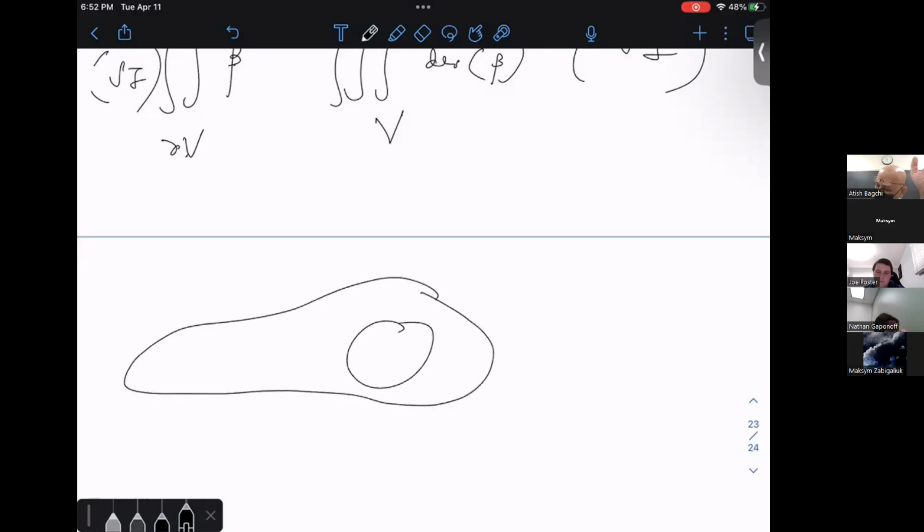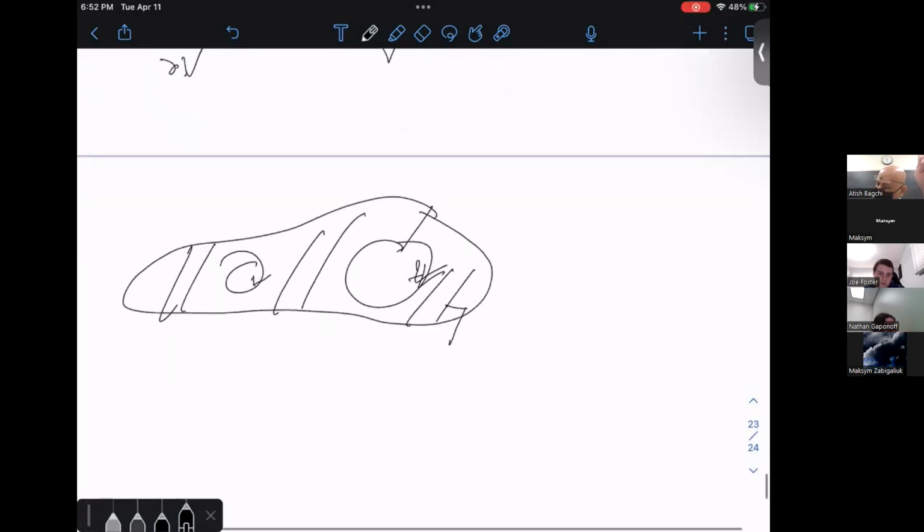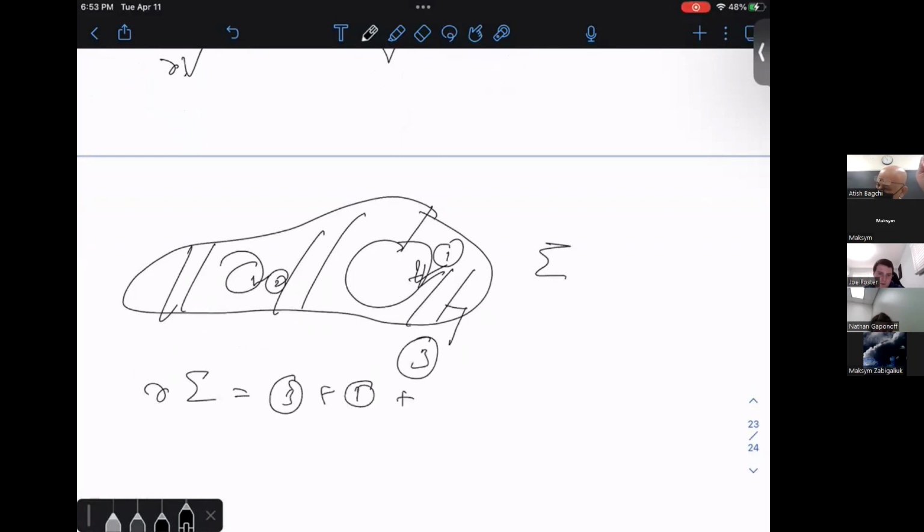So if I have something like this, this is sigma. The boundary of sigma is equal to 3 + 1 + 2. But you always go along the boundary in such a way that the area lies to your left. So the inner one, you have to go in the opposite direction.